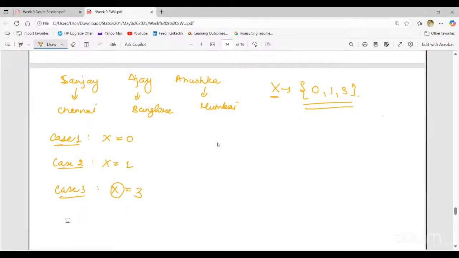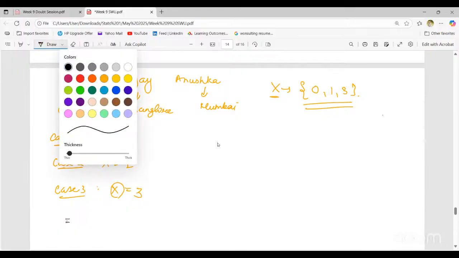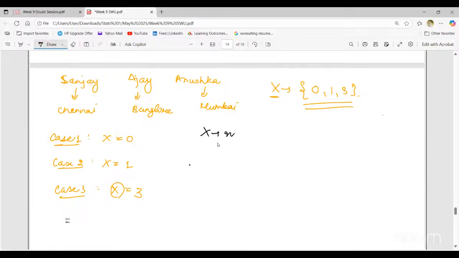Okay. So here my X is what? The number of heads, correct? So X is taking value 0. That means there are 0 heads. So in the 3 tosses, I'm getting tail, tail, tail, right? Similarly, X equals 1.